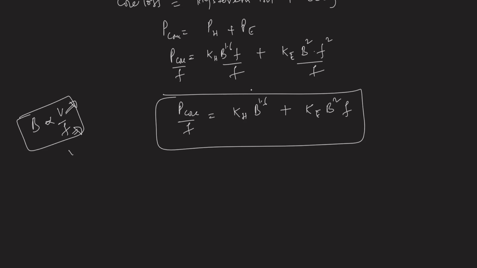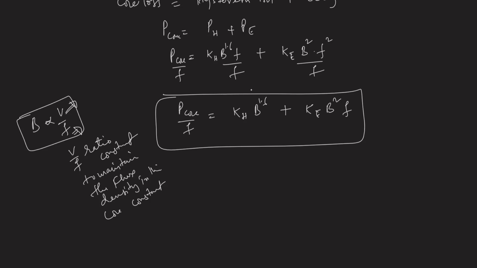So always I have to maintain this V by F ratio constant to maintain the flux density in the core constant. Unless I maintain the V by F ratio constant, the flux density in the core is not maintained constant. So if I assume this is valid, then this is valid.